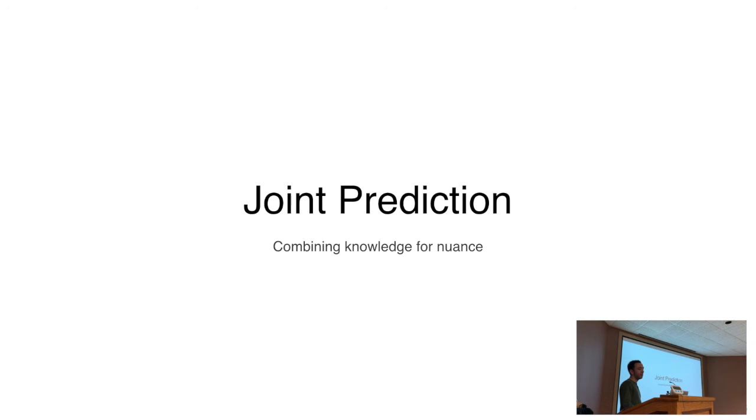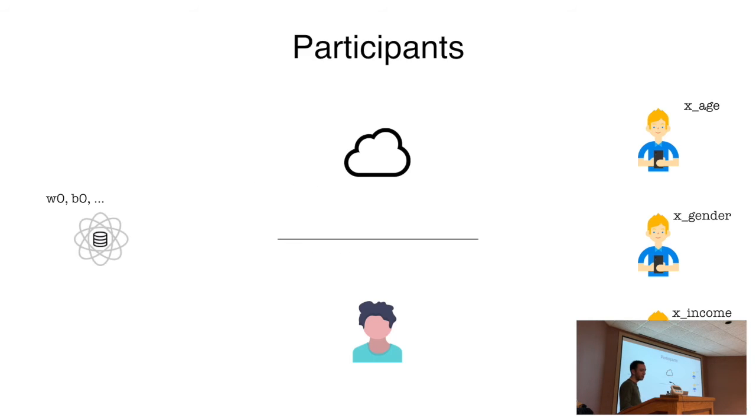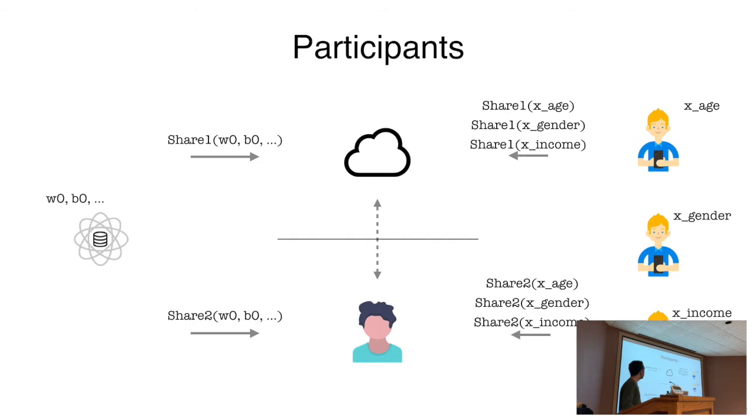Some other use cases are joint prediction, which is basically just doing the same thing, but where different people provide different features about a single person. So we can do this just by having each device share their own piece of data and concatenating them together into a single point and then running it through the same thing that we just saw. And then we get the result.